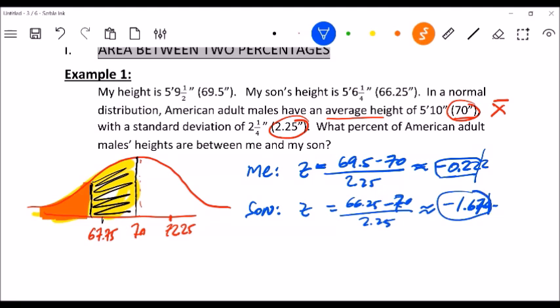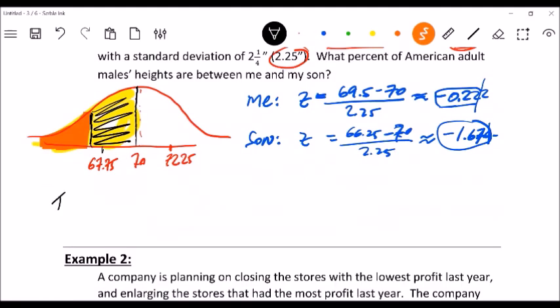So the two z-scores, let's go to the table, as we've done a couple of times. The table for negative 0.22 is 0.4129. So that would be about 41.3%.